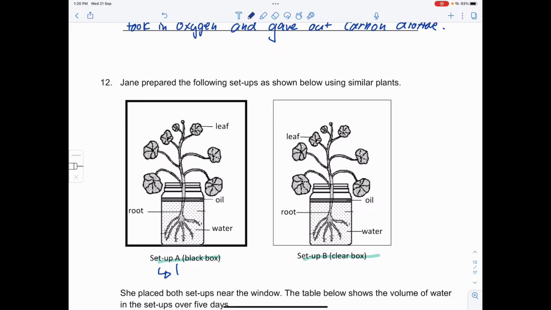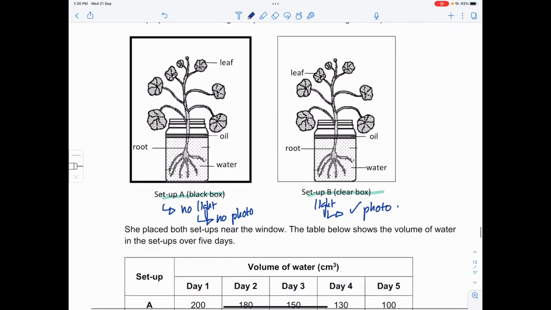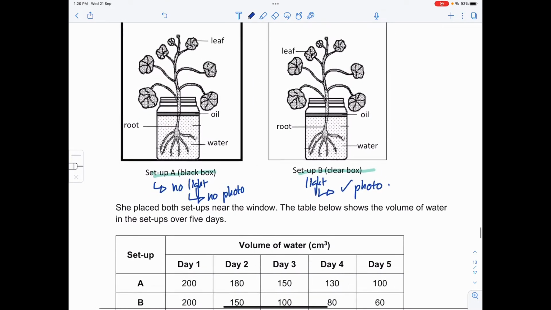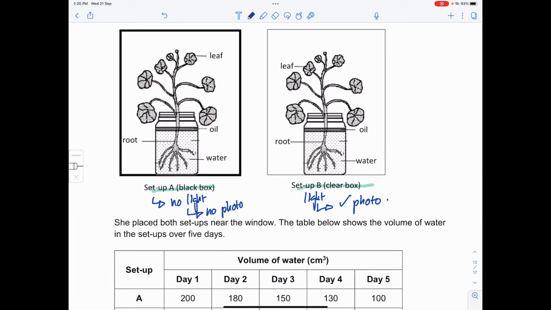So no light and light. So this one, no photosynthesis, yes photosynthesis. That is how you must interpret it. And of course, the term photosynthesis should be in your answer. So she placed the setup near the window. The table shows the volume of water in the setup over the 5 days.